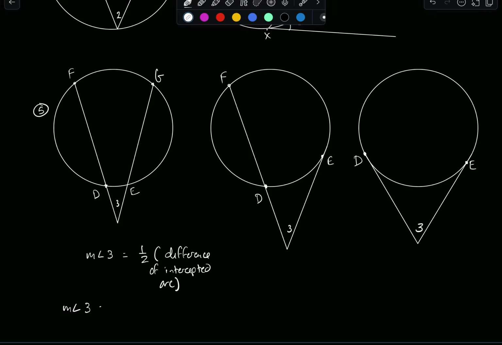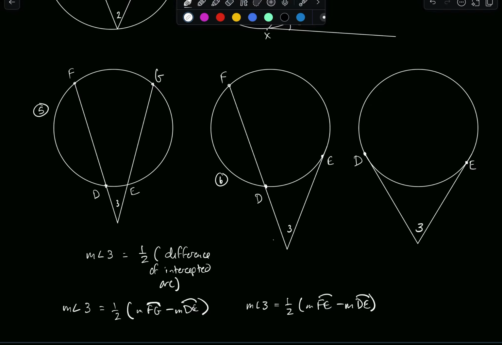So the measure of angle 3 equals 1/2 of the measure of FG minus the measure of DE. Here, it's going to be the measure of angle 3. So this is circle 6. The measure of angle 3 is going to be 1/2 the measure of FE minus the measure of arc DE.